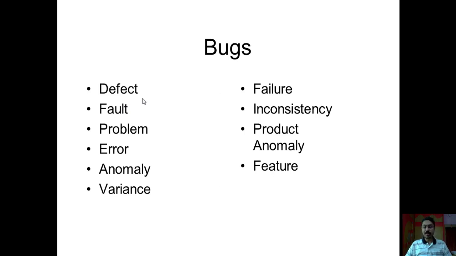So the defect. Now what is a defect? Many times you have heard the product is defective. Most of the time we say this phone is defective, or this earphone is defective, or this device is defective. Why do we say defective? Defective means it has deviated from its original function.